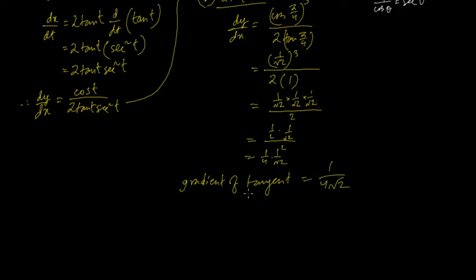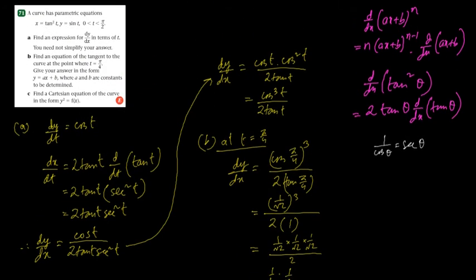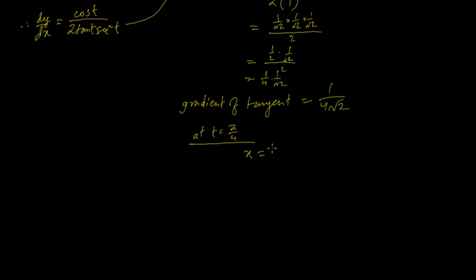Now we need the point. So at t equals pi by 4, the x coordinate is tan squared t. So that means tan pi by 4 whole squared. So tan pi by 4 means tan 45 degrees, 1, squared is 1.